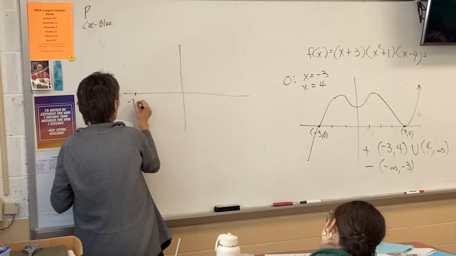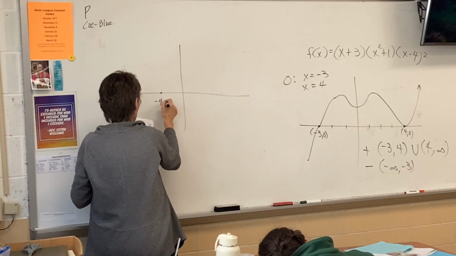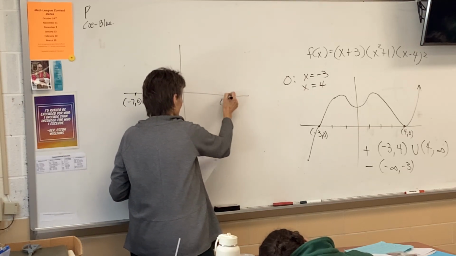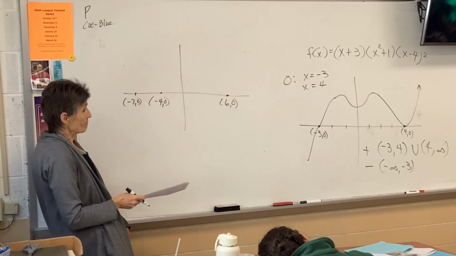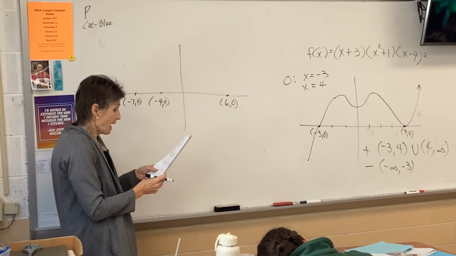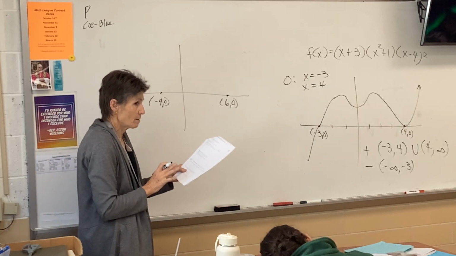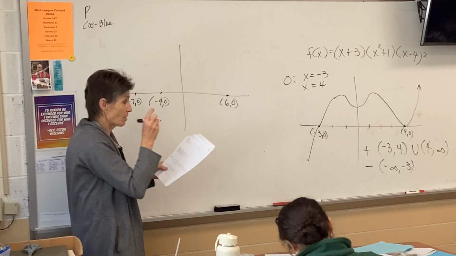Have an intercept at -7, an intercept at -4, and an intercept at 6. Are you following? How many x's do we have altogether? 4, which is even, which starts up here.